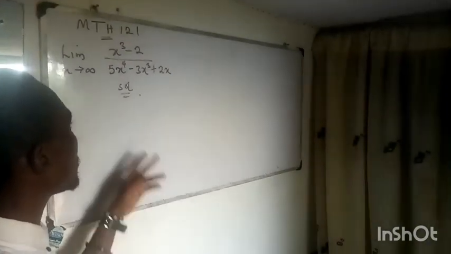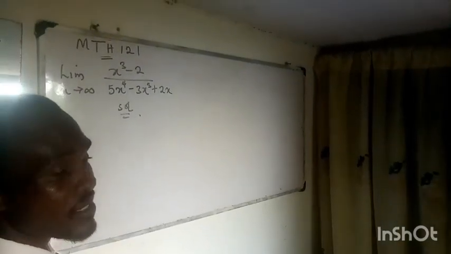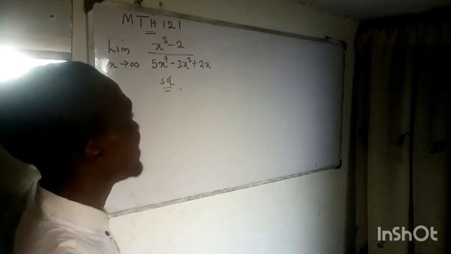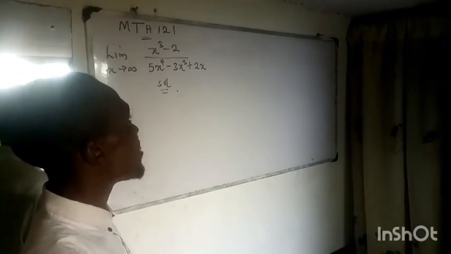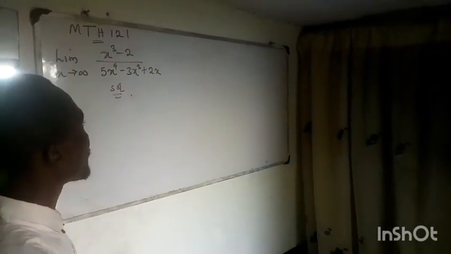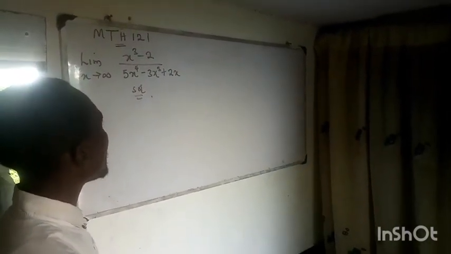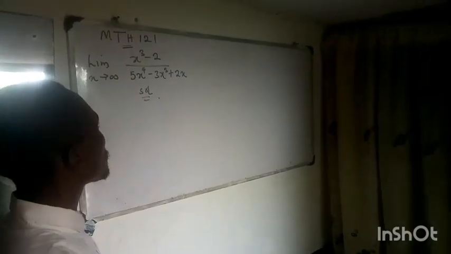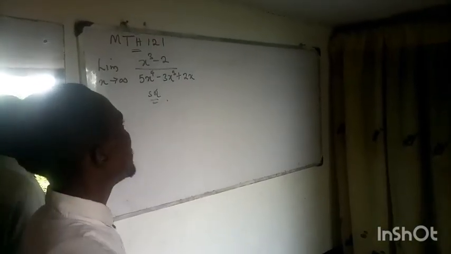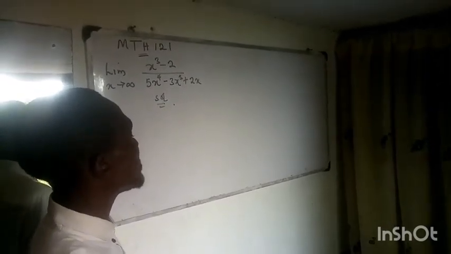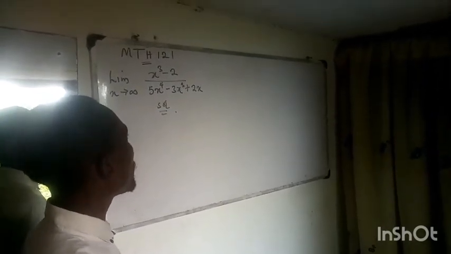And when you look at this, you see that it doesn't make sense to do a direct substitution. If you do a direct substitution, then you have a case of infinity over infinity, which does not go. So I think it would be wise to simplify this expression by dividing all the terms of the expression by the leading power of the variable.